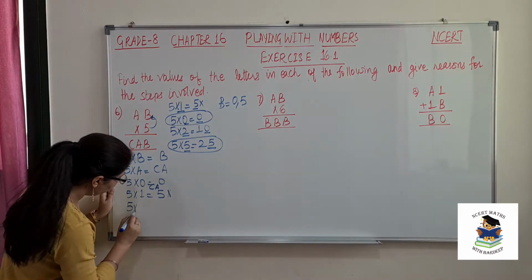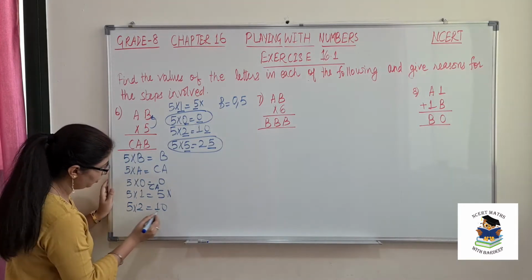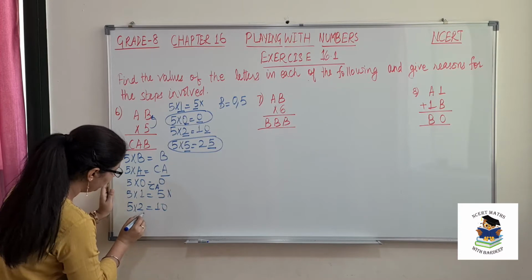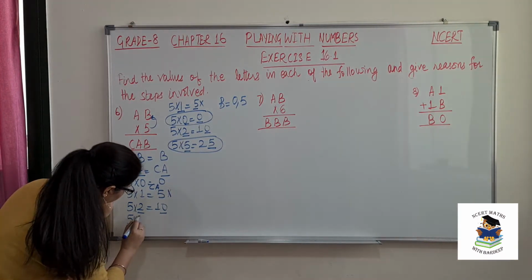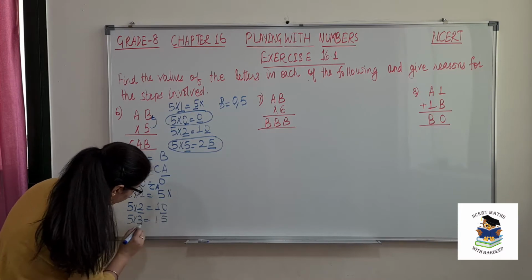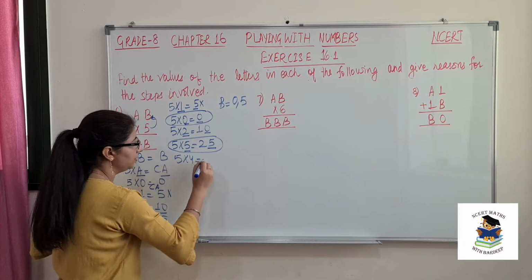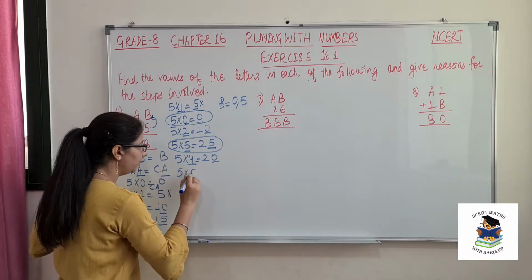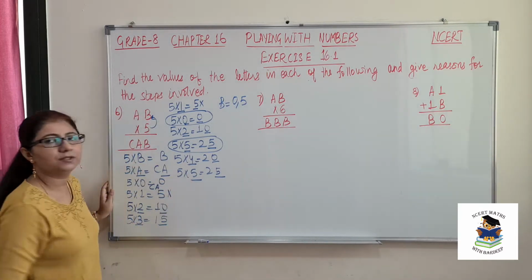So this is not possible. So 5 into 2 is equal to 10. So see here, we need A and A as same. So 2 and 0 not same. So 5 into 3, this is 15. So again not same. 5 into 4, this is 20, again not same. So 5 into 5 is 25, yes it is same.